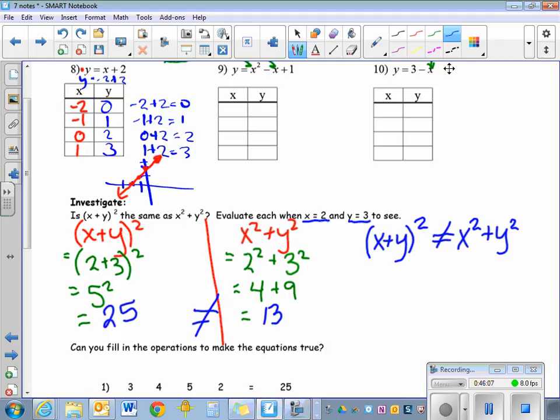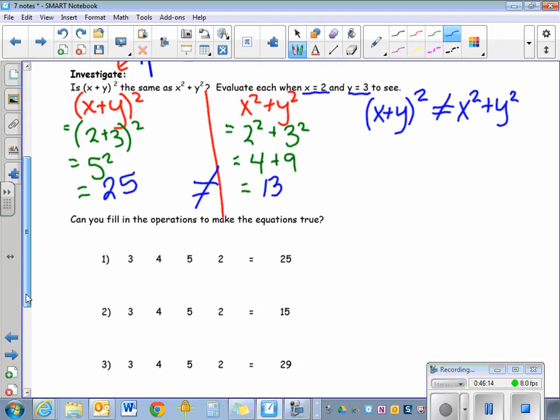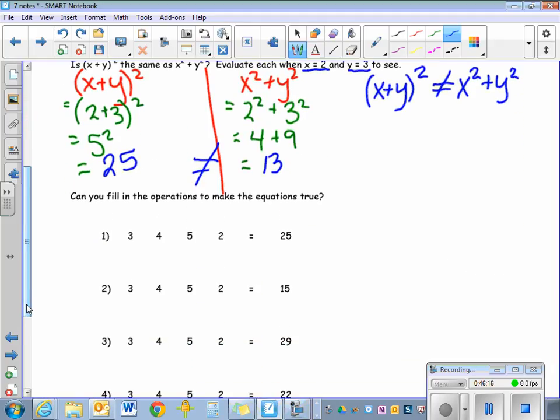Any questions on that? Okay, so numbers 1, 2, and 3, and 4 down here below, they're pretty challenging, tricky problems. It says, can you fill in the operations to make the equations true? Alright, so they tell us that they're equations, so we see these equal signs here. But they don't give us whether it's adding, subtracting, multiplying, dividing, grouped with parentheses.